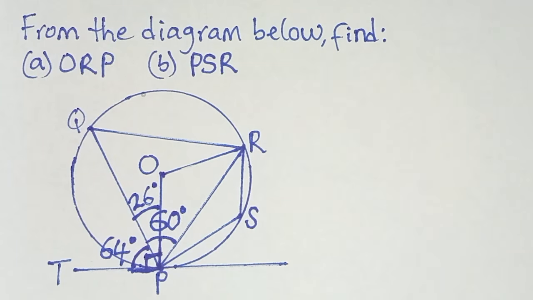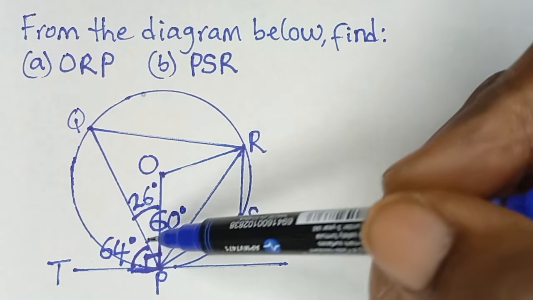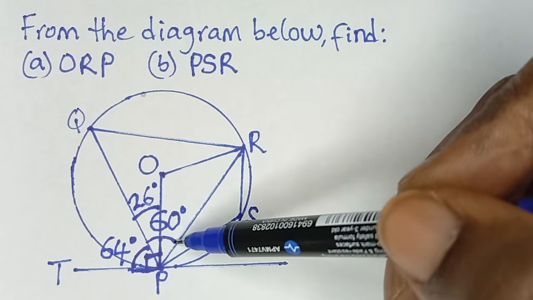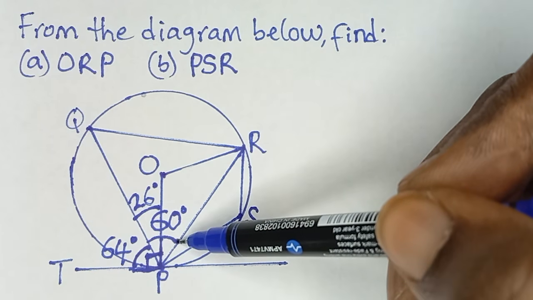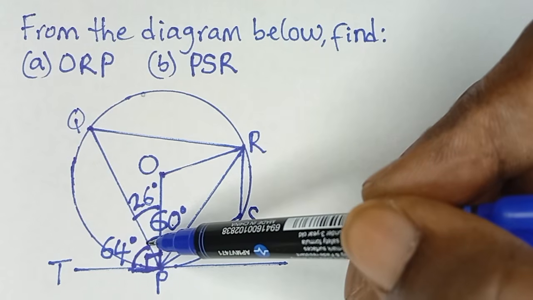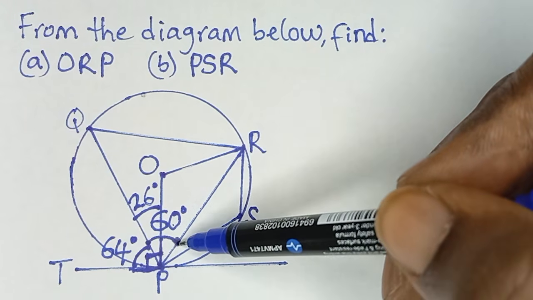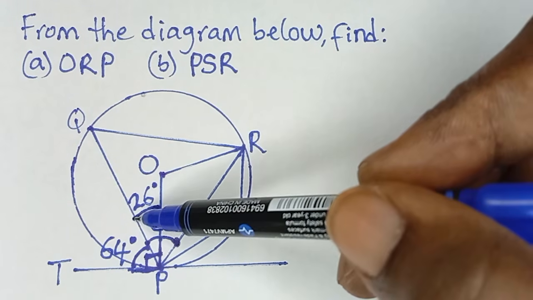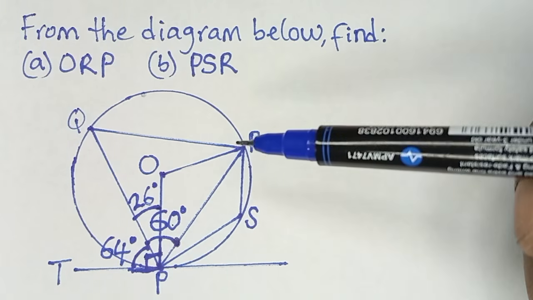Then now, let's look at it again. The whole of this angle is 60 degrees. I hope you are seeing it. So from this line to this line is 60 degrees. But we already have this angle as 26.